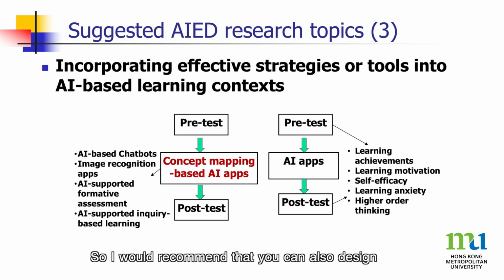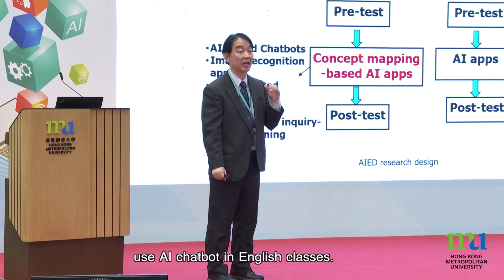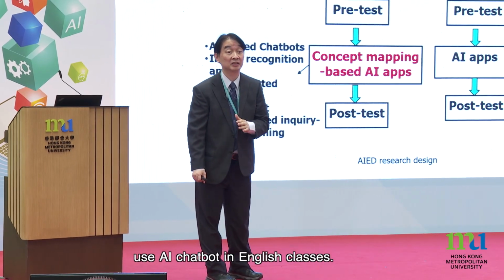So I would recommend that you can also design such an experiment. Control group learns with the AI system. And experimental group learns with some learning strategies with the AI system. Why? For example, in Taiwan, we frequently use AI chatbots in English classes.